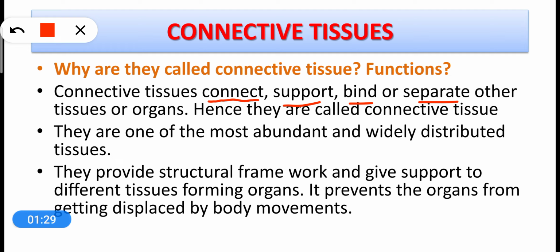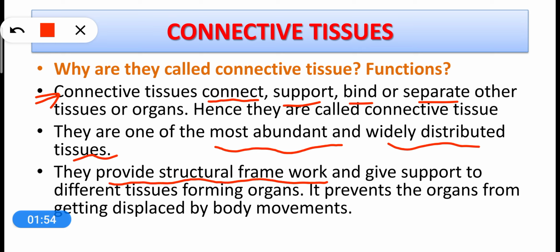A very important point about their presence in the body is that they are the most abundant and widely distributed tissues in any animal body. Students, if we talk about their function, we have already discussed one function of connective tissues, and we can also learn that they provide structural framework and give support to different tissues forming organs.